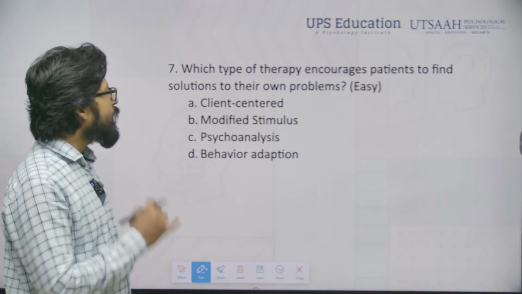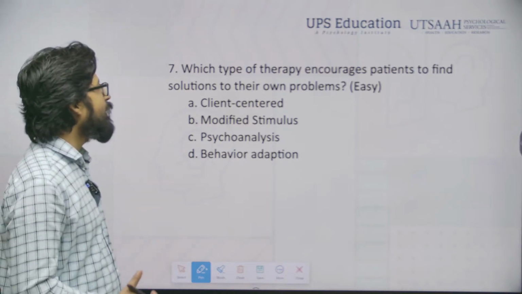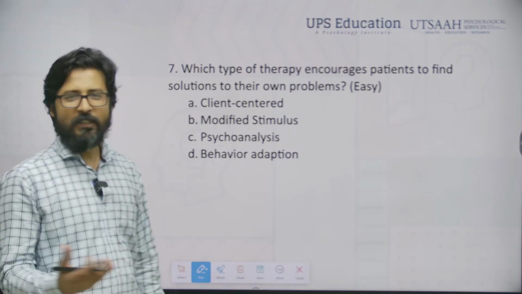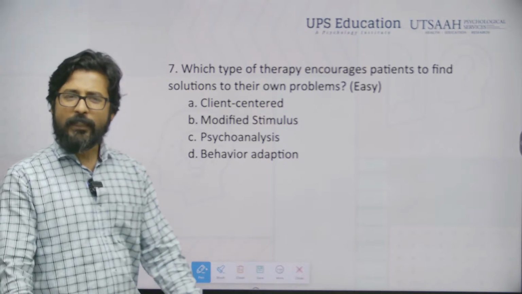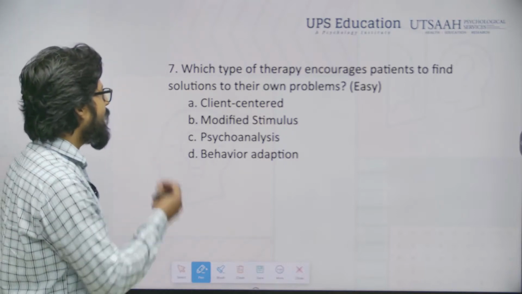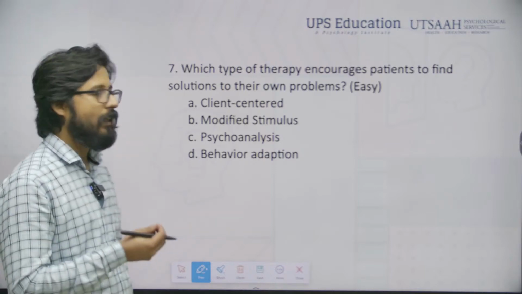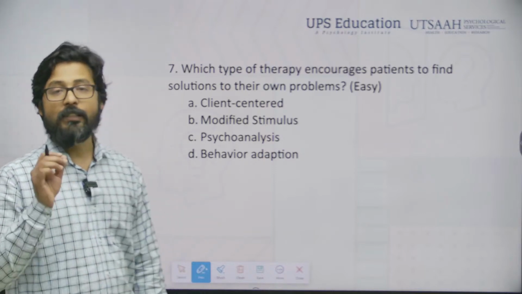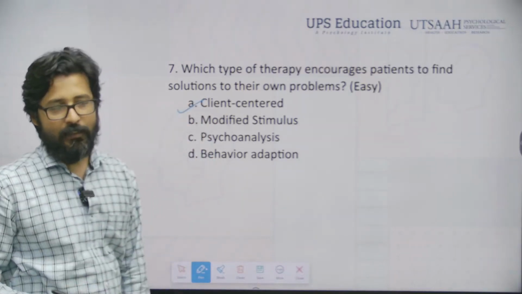Seventh question: which type of therapy encourages patients to find solutions to their own problems? This also we can consider easy, and I don't think we have to explain it. Options are client-centered, modified stimulus, psychoanalysis, behavioral adaptation, and the correct answer is client-centered therapy. A is the right answer, right?